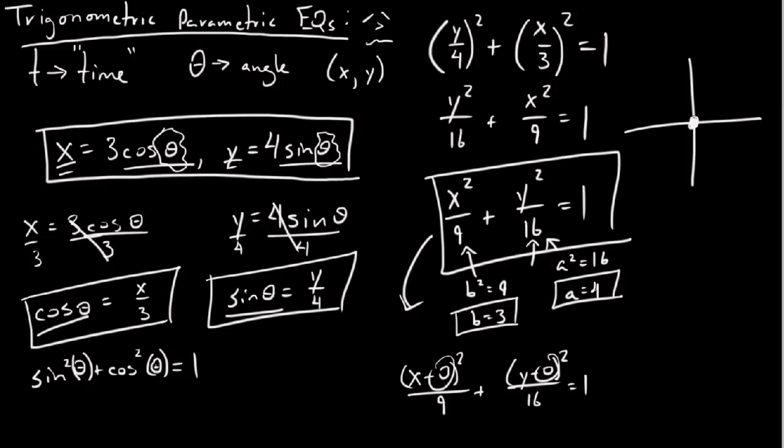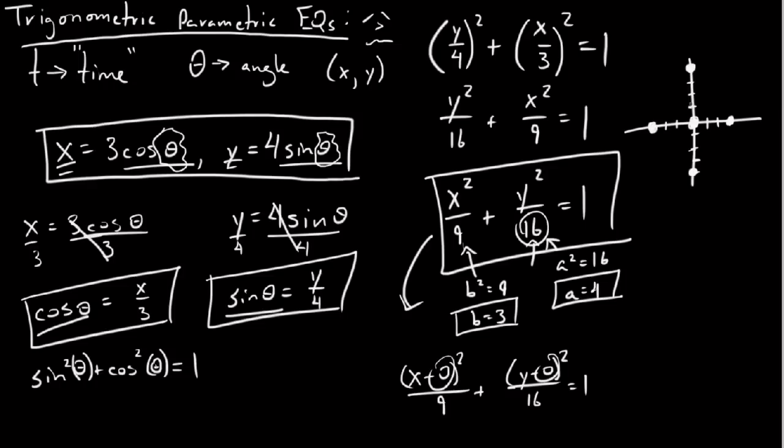Since the bigger number is underneath y, the major axis is vertical. We go up 4, 1, 2, 3, 4, and here's one vertex, and down 4, 1, 2, 3, 4. On the minor axis, which is horizontal, we go 3 out in each direction: 1, 2, 3, 1, 2, 3.